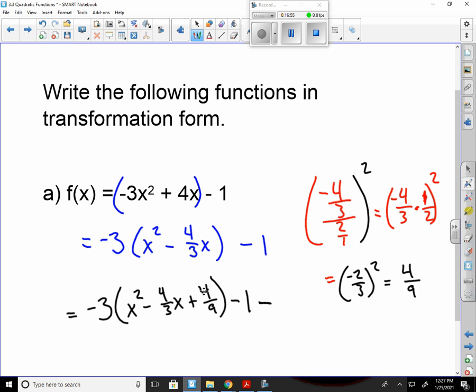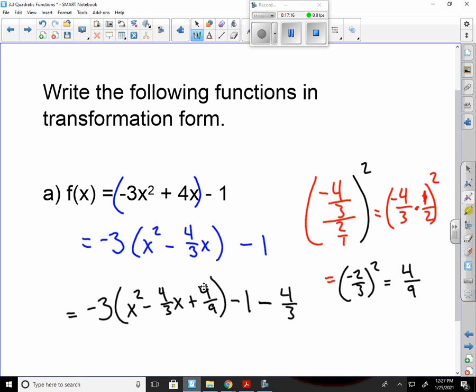So I need to subtract 12/9 or 4/3. So if I have a coefficient out front, instead of subtracting just 4/9, because that's what I put in, I have to actually multiply this times this number and then subtract it.